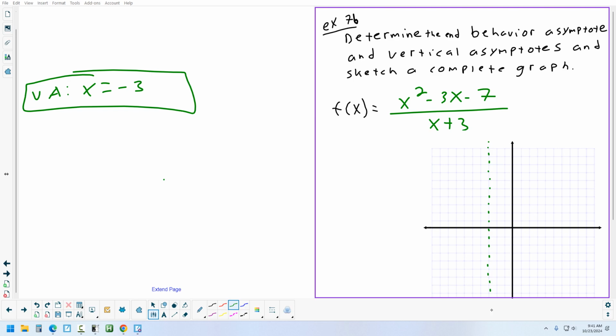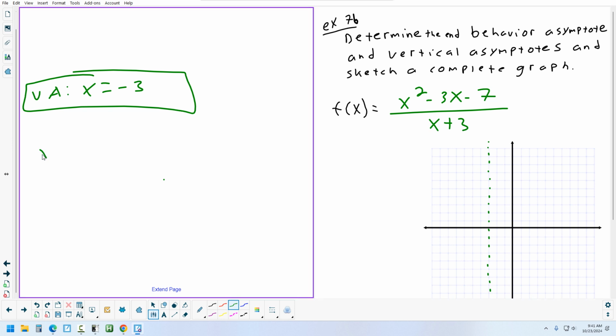Yep, long division. So x plus 3 divided into x squared minus 3x minus 7. What's x squared divided by x? x, multiply it back out. And what do we do with our columns? Yep, we're going to subtract.